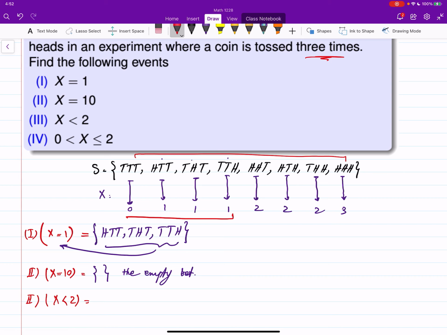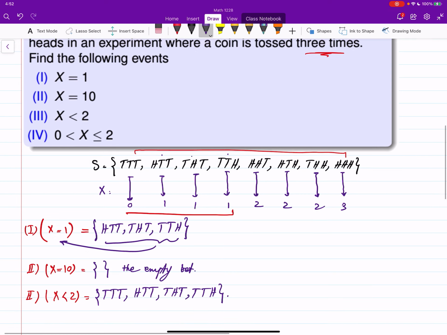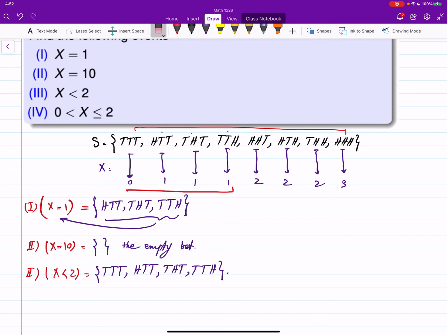X is either 0 or 1 if X is strictly less than 2. So in this case, we get 3 tails, 1 head, 2 tails in different orders. Okay.